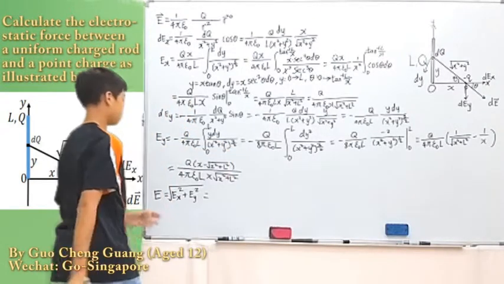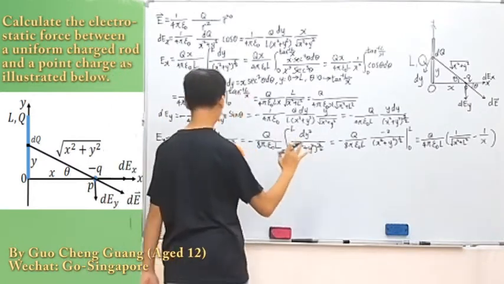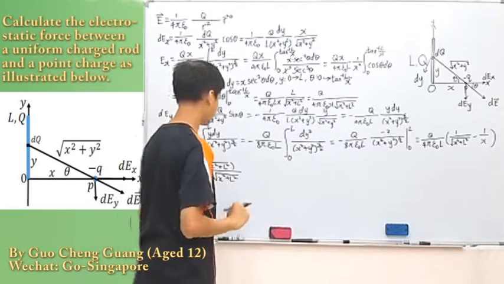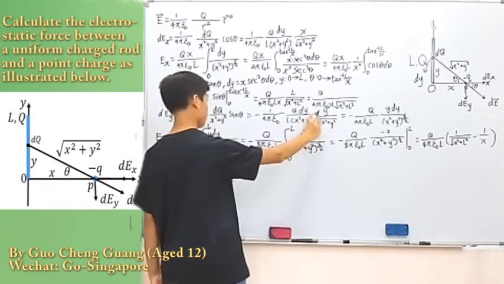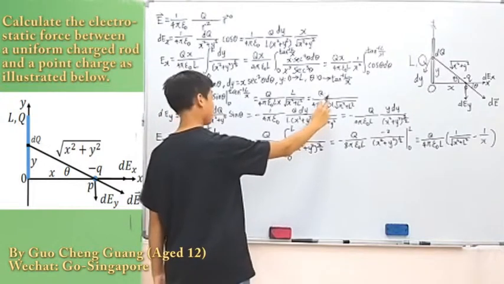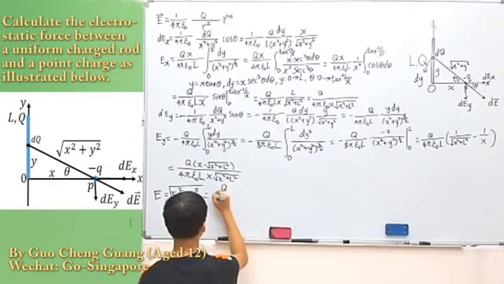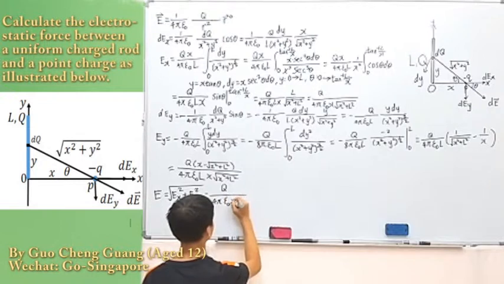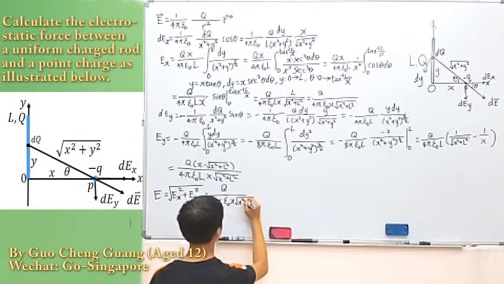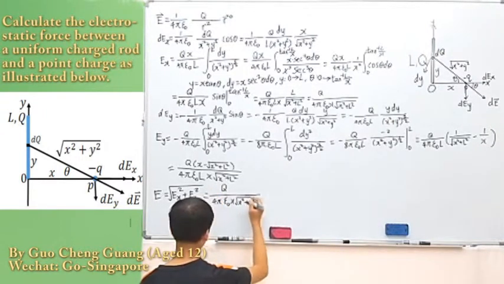Just to not make it much harder, we can first factorize the parts that are already the same, like q is the same, 4 pi epsilon naught, x, and this square thing is the same. So we take all of these parts out first. Then after that, here you have an extra L at the bottom.